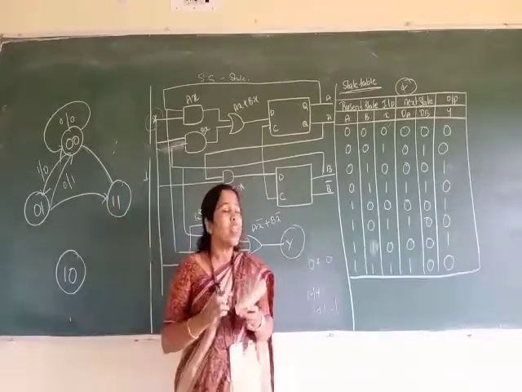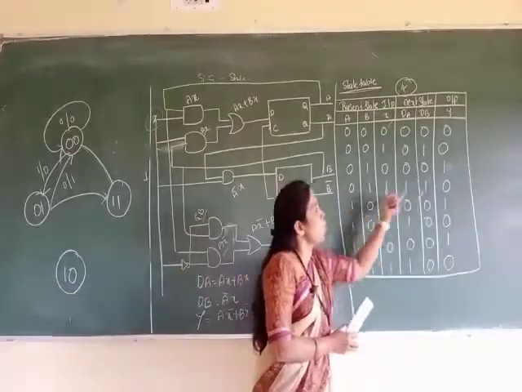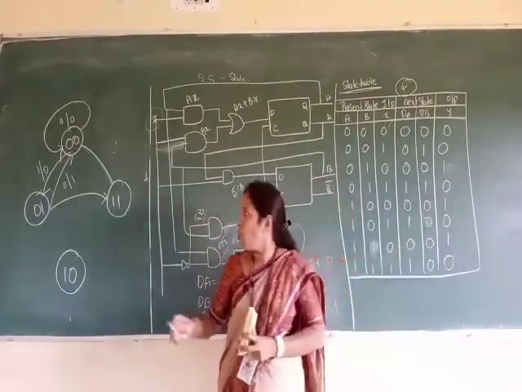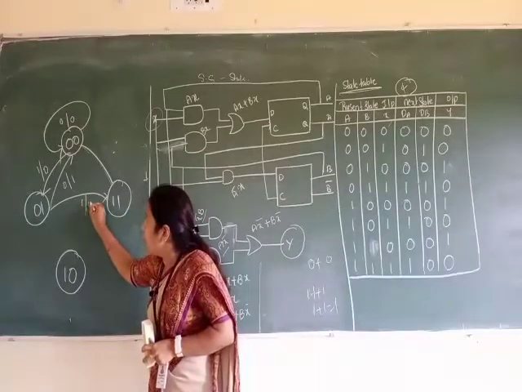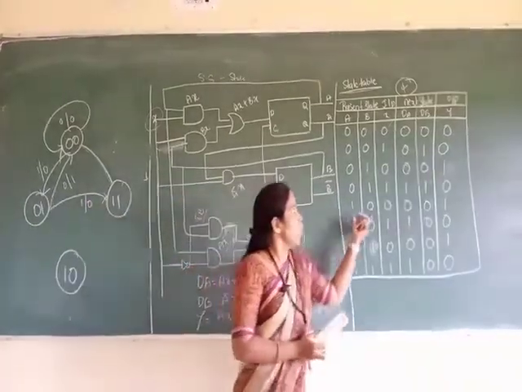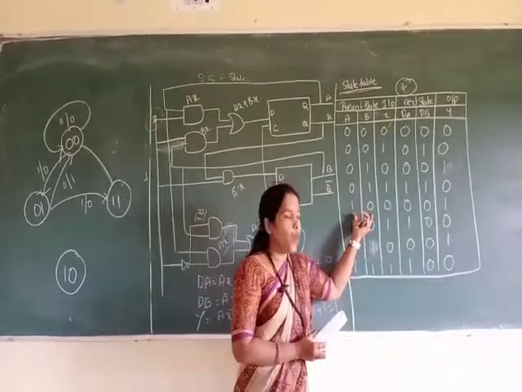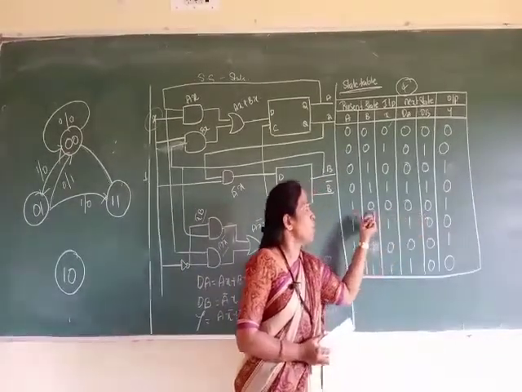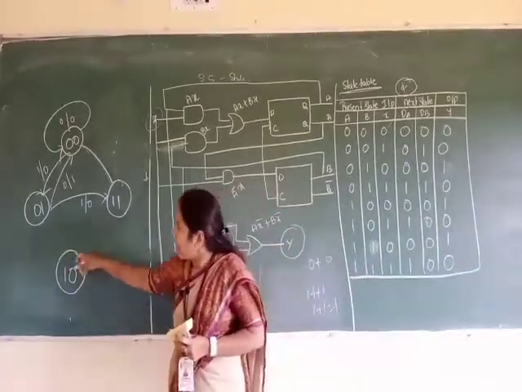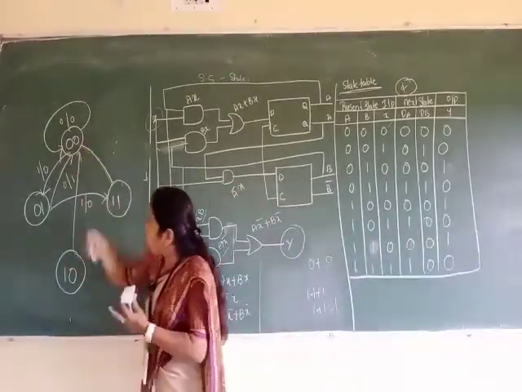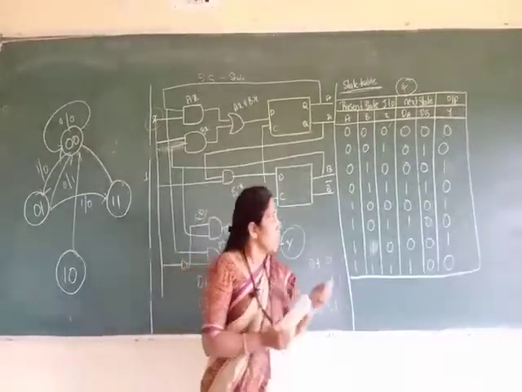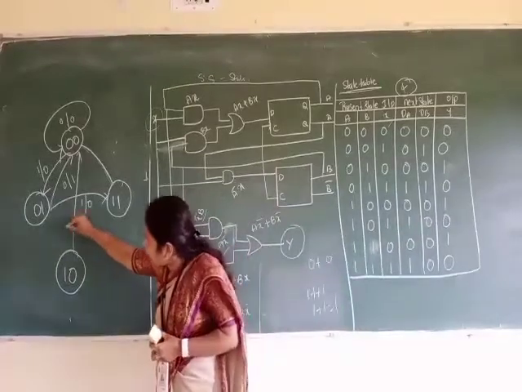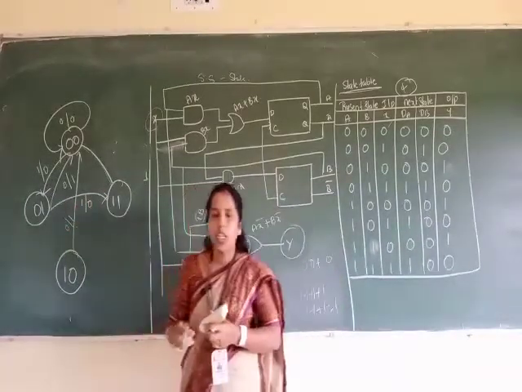So what is the path label for 0,1 to 1,1? The x value is 1 and the y value is 0. After that, present state is 1,0 and the next state is 0,0. The x value is 0 and the y value is 1.